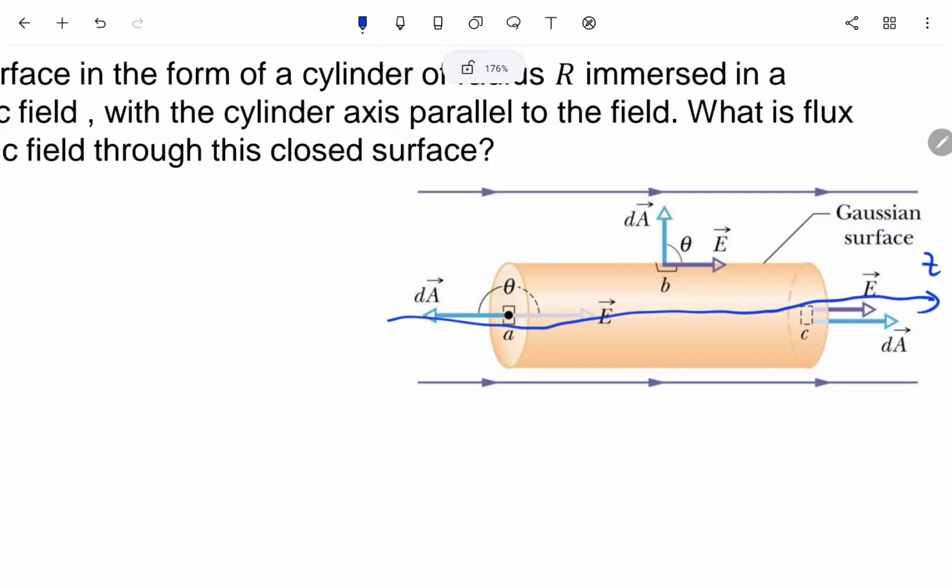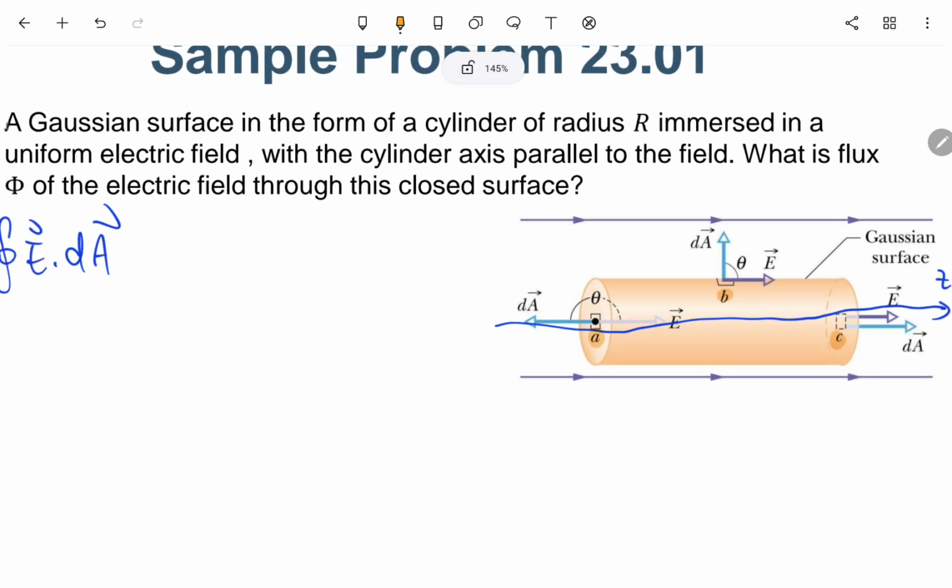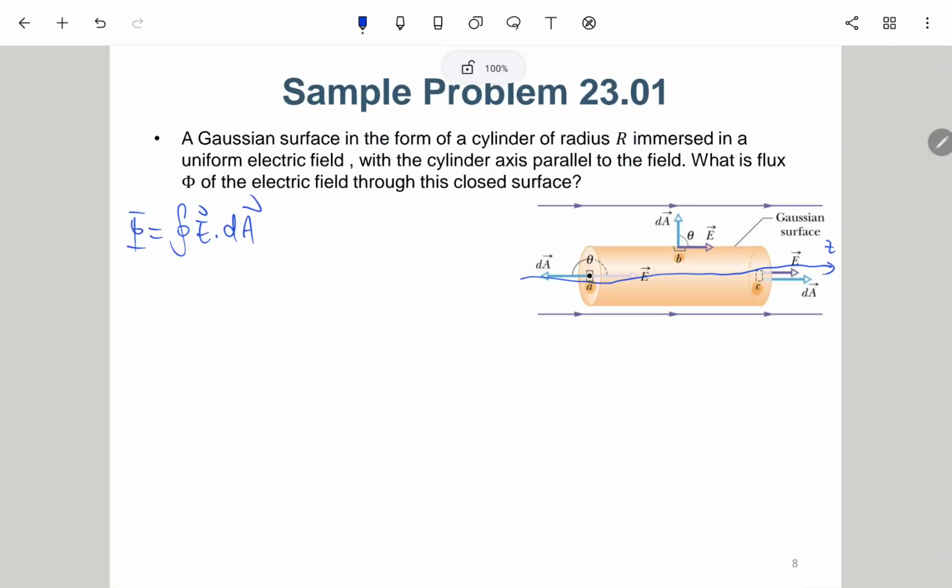Here we can separate this cylinder into 3 parts. Part A is the left circle, B is the side, and C is the right circle. For the integration, we can separate it into 3 parts and then add them together. For part A, the integral of E dot dA, plus, sorry, this is not closed anymore.